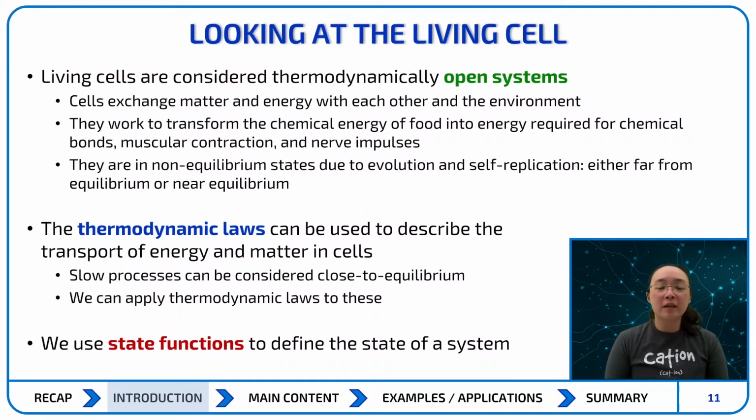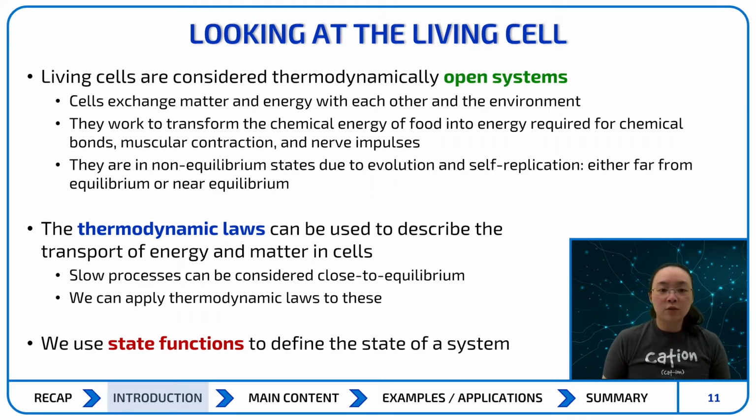So thermodynamically, living cells are considered open systems. Cells exchange matter and energy with each other and the environment. They work to transform the chemical energy of food into the energy required for chemical bonds, muscular contractions, as well as nerve impulses. They are also in non-equilibrium states because of evolution and self-replication.